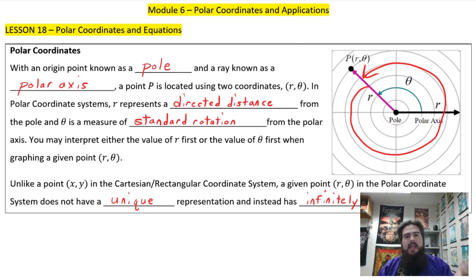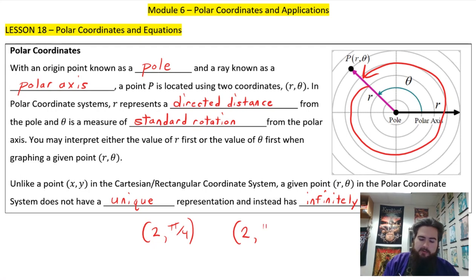Meaning, I could represent something like, let's say, 2 pi over 4. I could represent this polar coordinate also as 2 pi over 4 plus 2 pi. These 2 points are essentially the same because they end up at the same place.